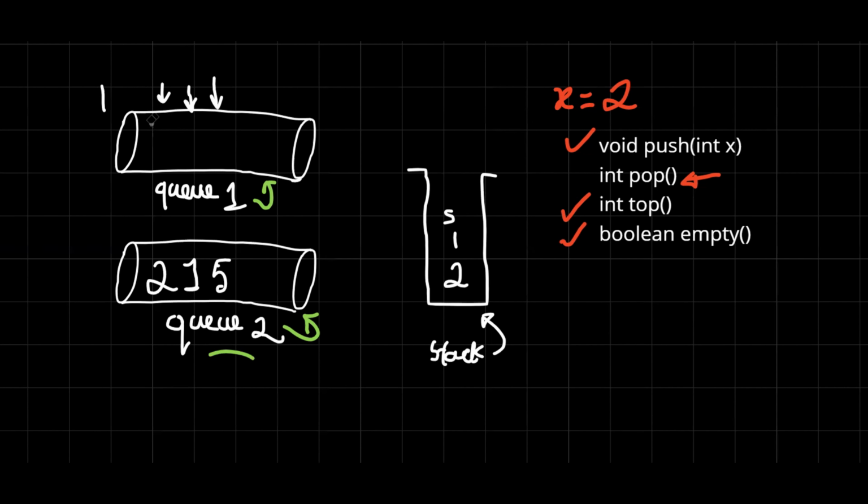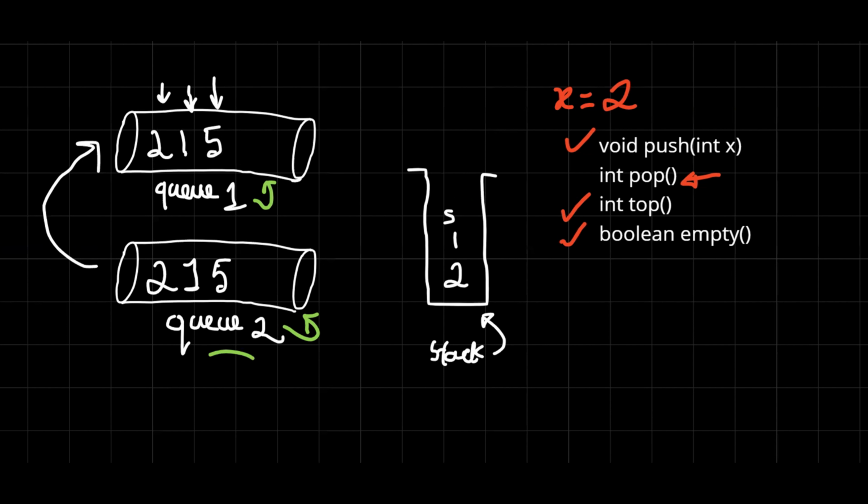Now our task is only half done. As we moved all of the front elements of Q1 into Q2, now again we have to insert all of the Q2 elements into the Q1. So here we have to insert 2 first, then 1 second, and 5 last.